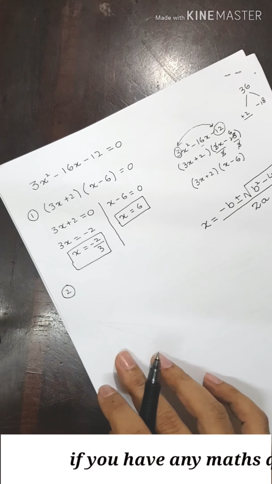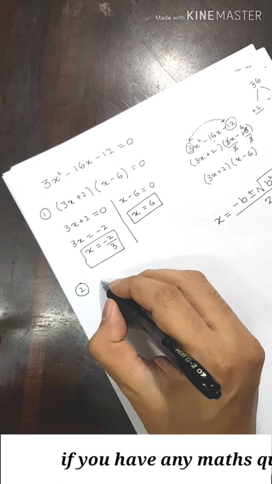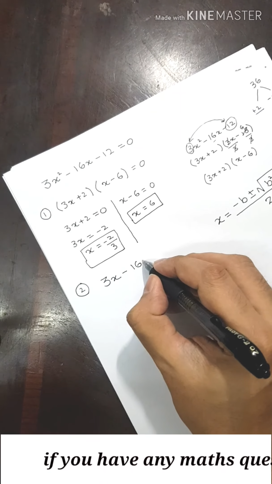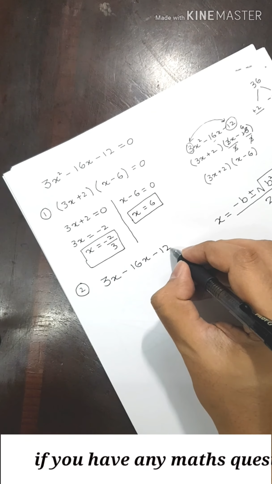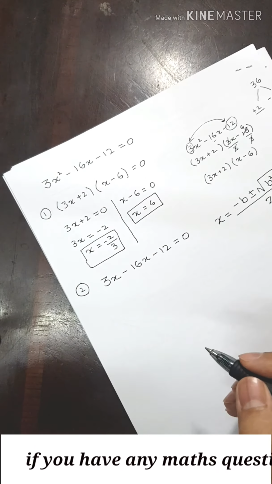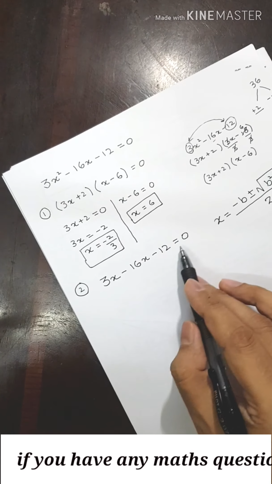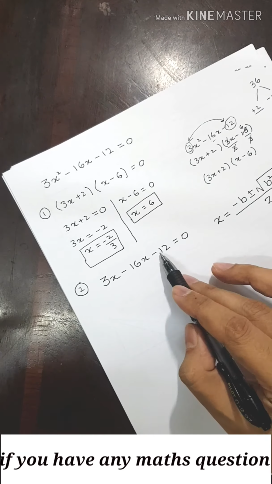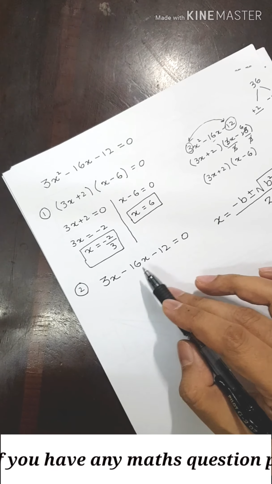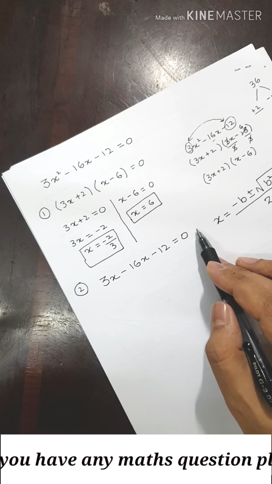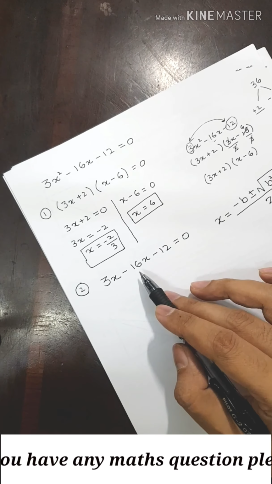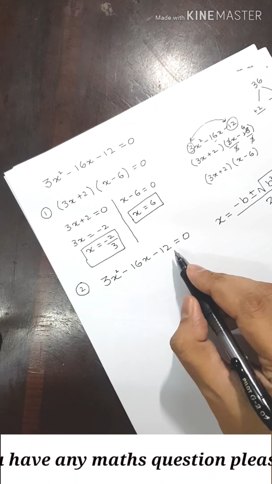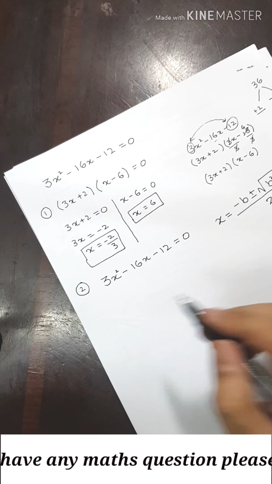In this given equation, I am writing it again: 3x square minus 16x minus 12 equals 0. First, you should be careful that this equation must be in standard form. Sometimes you may find the constant or any other term of the equation on the other side, so you have to collect all the terms here: square term, x term and constant.